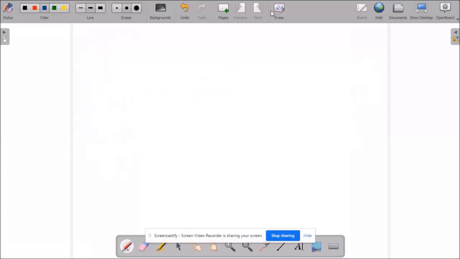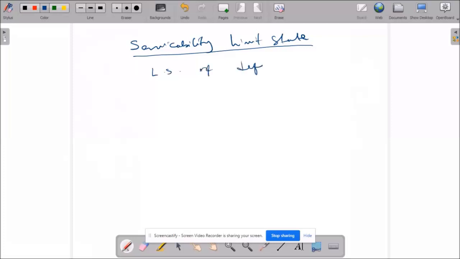Then the next thing we look at is the serviceability limit state. Under serviceability limit state, we have to consider three conditions. One, the limit state of deflection.